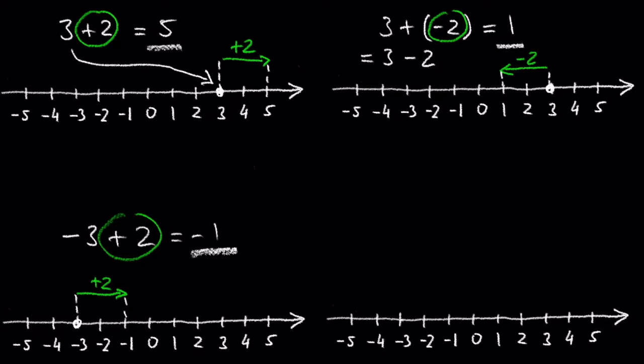Let's look again at the sum, where the first number is negative, but we also add a negative number. Negative 3 plus negative 2. Once more, find the point on the number line which represents the number negative 3. And then at that point, draw an arrow with a length of 2 pointing to the left.